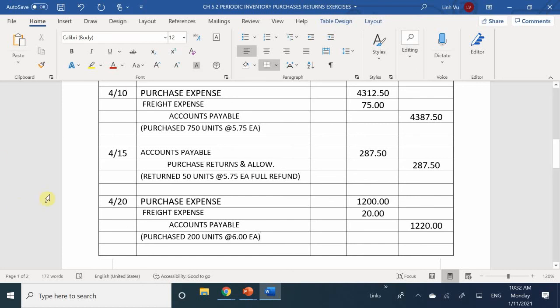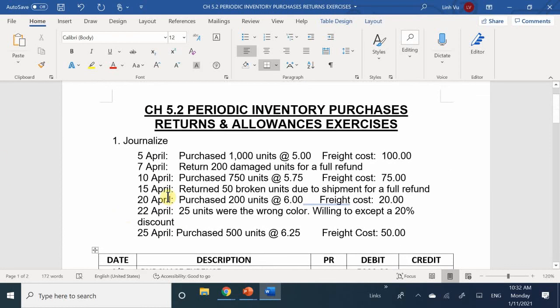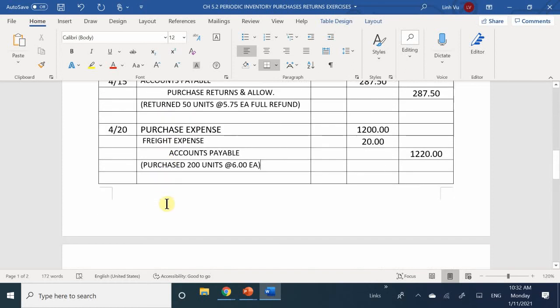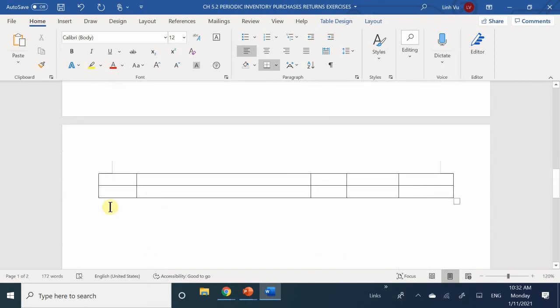Okay. So then again, what happened on the 22nd of April is 25 of the units were the wrong color. Okay. But you're willing to accept a 20% discount. So how am I going to journalize this one this time? Accounts payable.